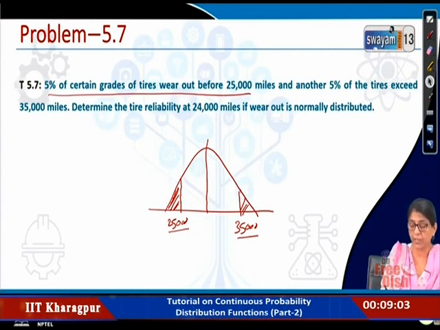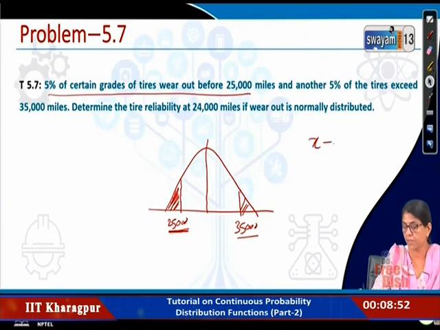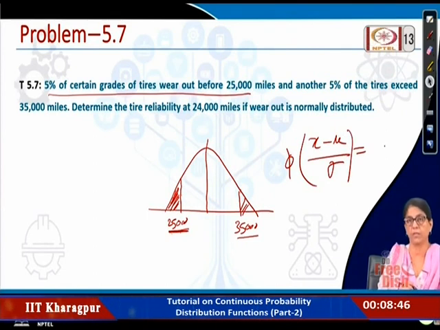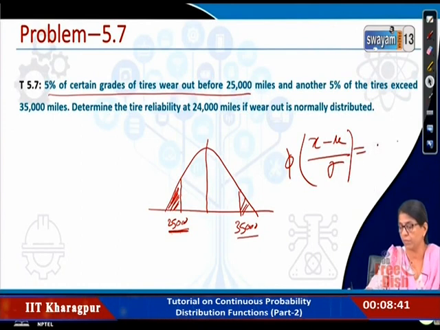Now here the probability is given and the Z value is the unknown. That means x minus mu by sigma equals psi inverse of this, and I get the probability value, right? Now this probability value is given, it is 0.05.